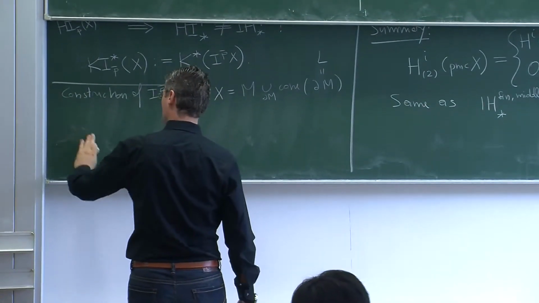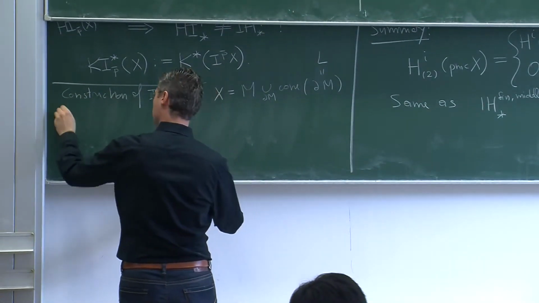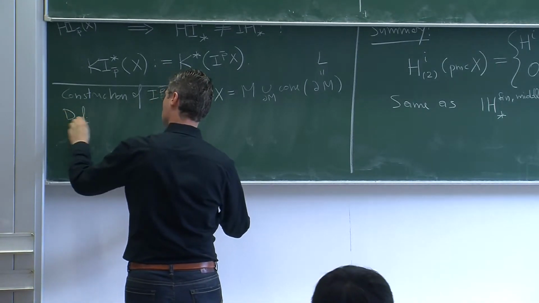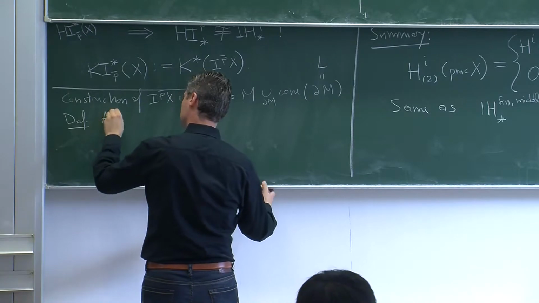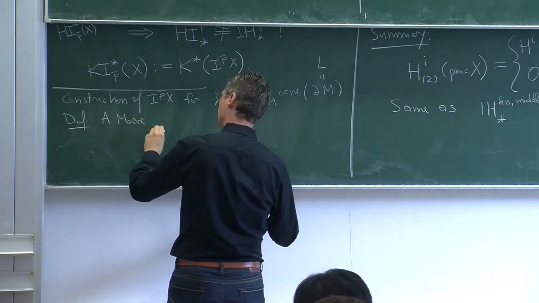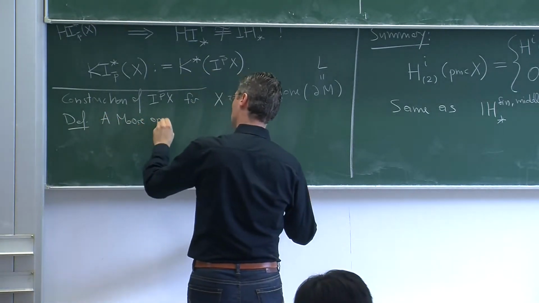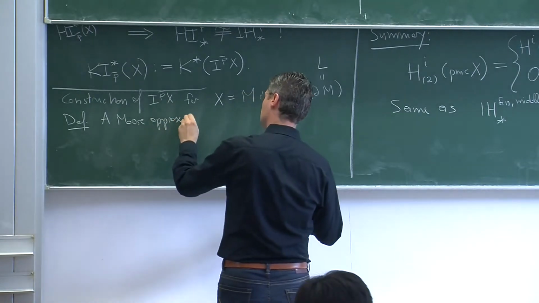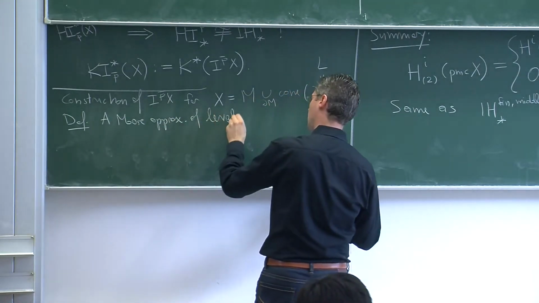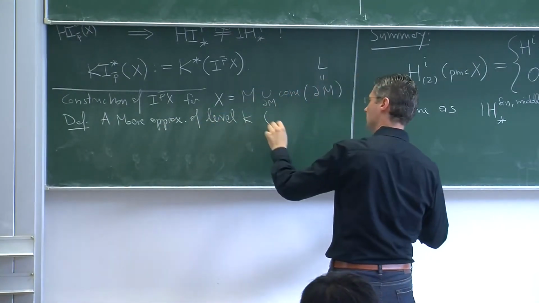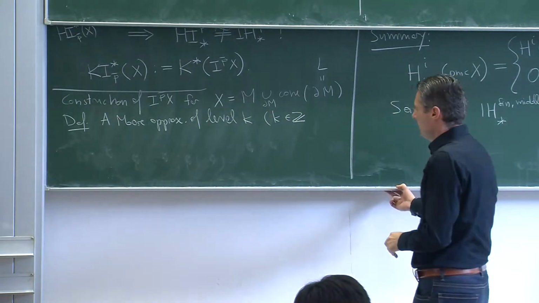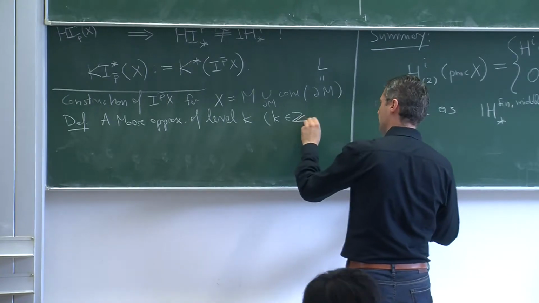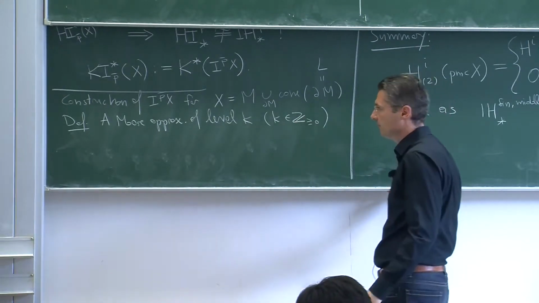We need to recall from homotopy theory the concept of a Moore approximation. So definition, a Moore approximation of level k, where k is some integer, maybe a non-negative integer, doesn't matter.